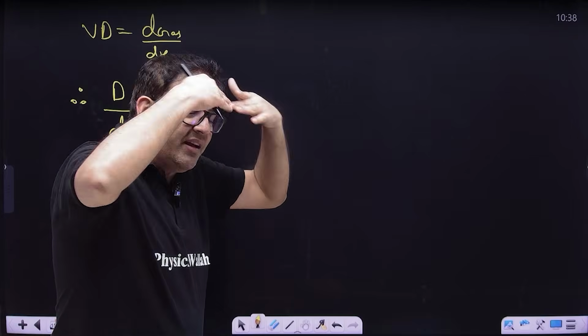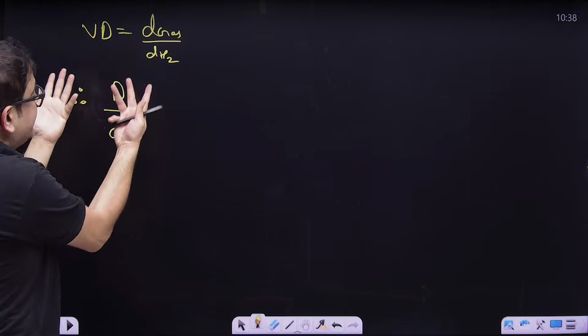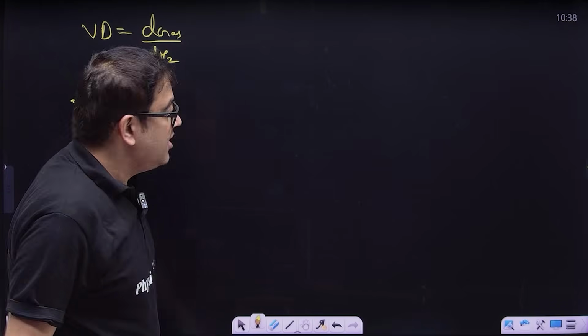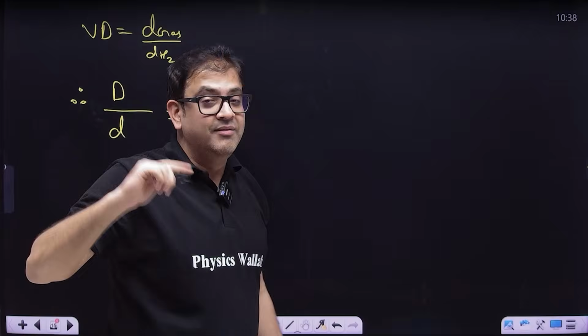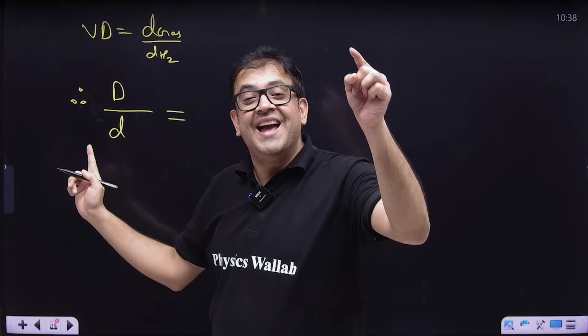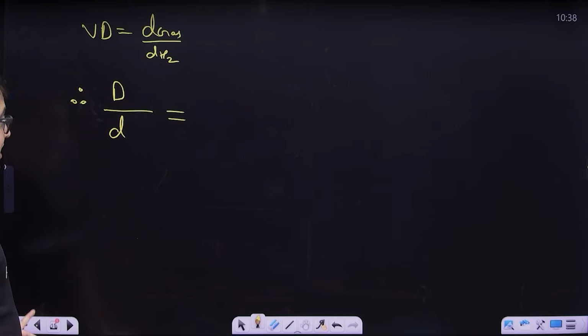So even if you take the ratio of densities, you can always say it's vapor density. So capital D is the initial vapor density and small d is the vapor density at equilibrium.